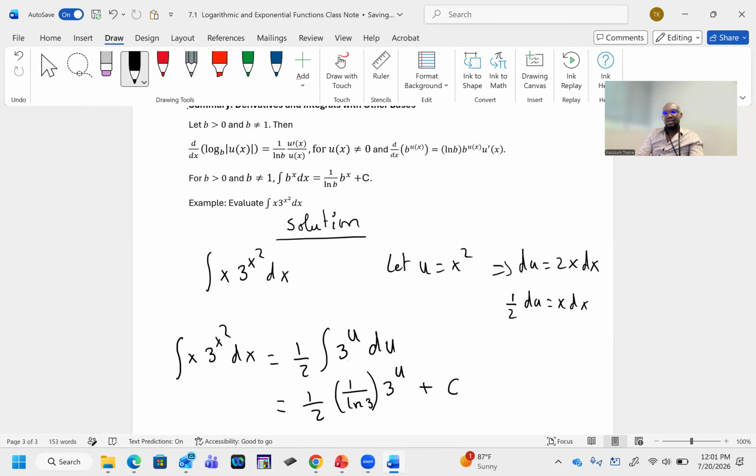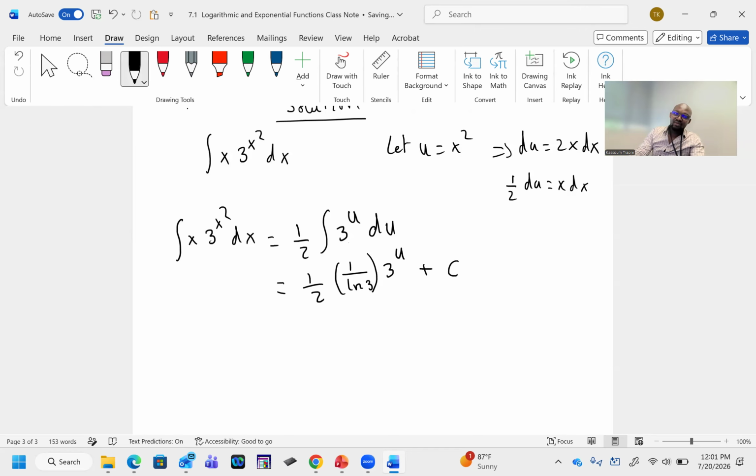And then what is our u? x squared. So I will simplify everything, which means this will be 1 divided by 2 ln of 3 times 3 to the power of x squared plus c. And that's it.